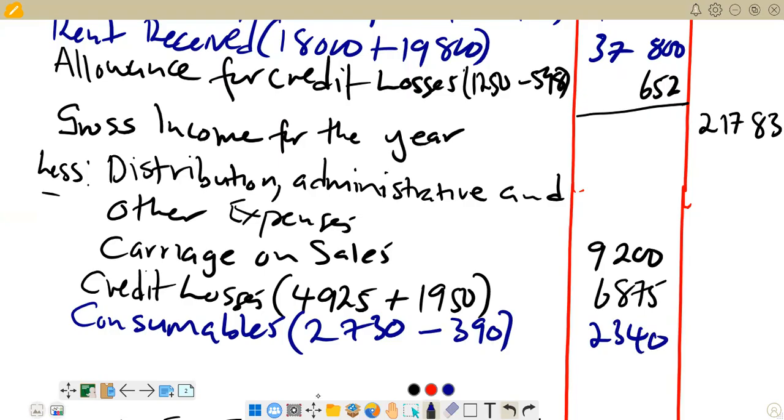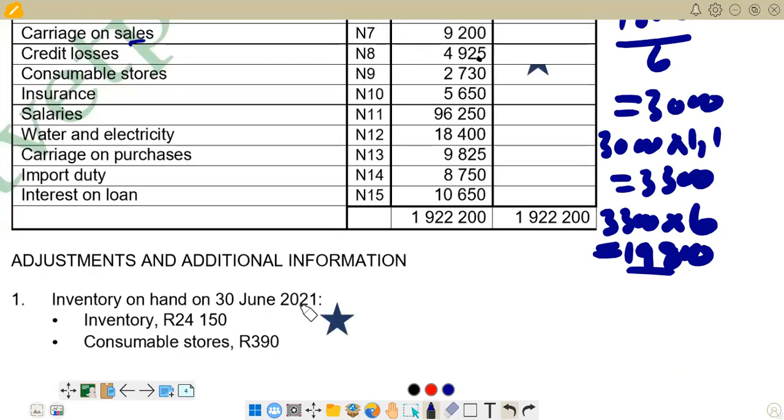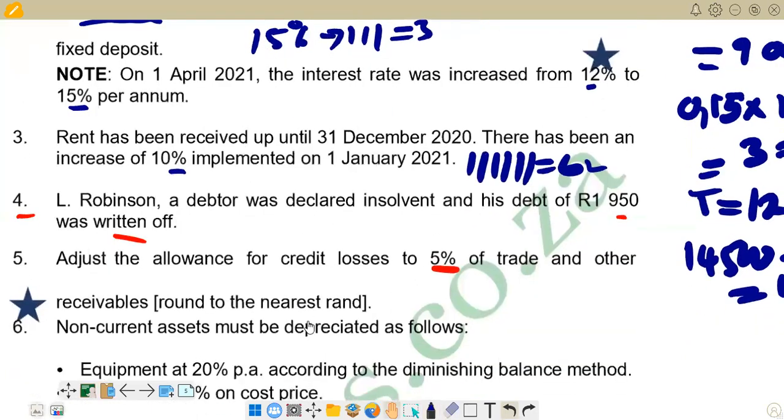Right. We go back again to check in terms of any other expense that we have. Under consumables, we've also got insurance. The amount of insurance that was paid is 5,650. But we go to the additional information to check if we have any adjustment of insurance.